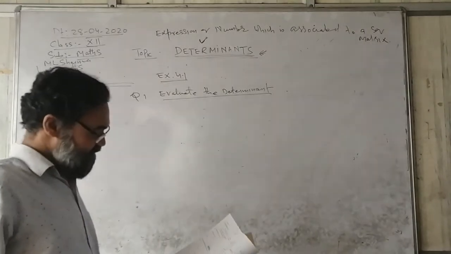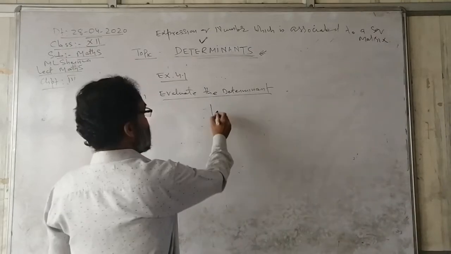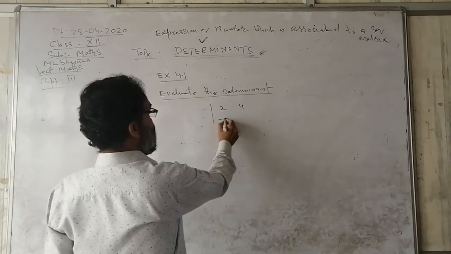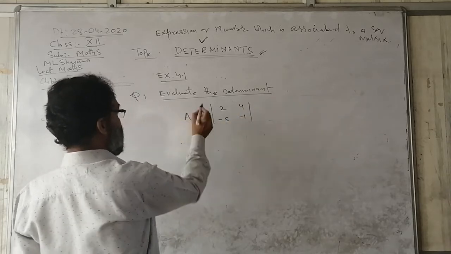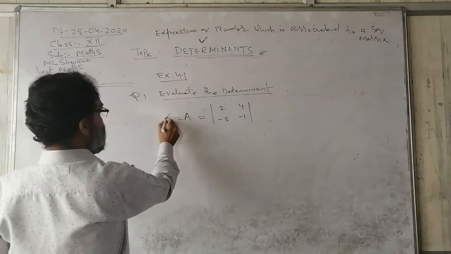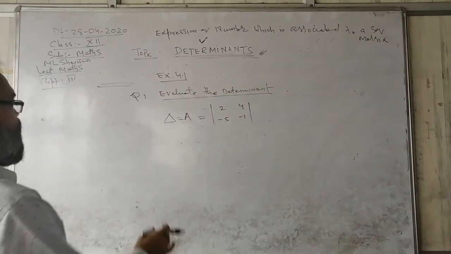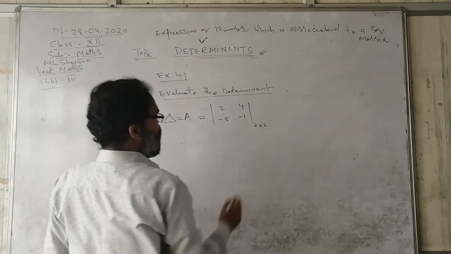The determinant is given with elements 2, 4, minus 5, minus 1. Let this equal to A, or sometimes we use the notation delta for representing a determinant. This determinant is of 2 by 2 order.